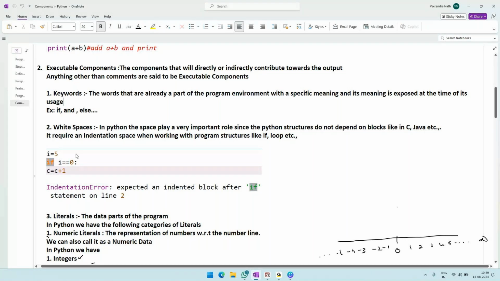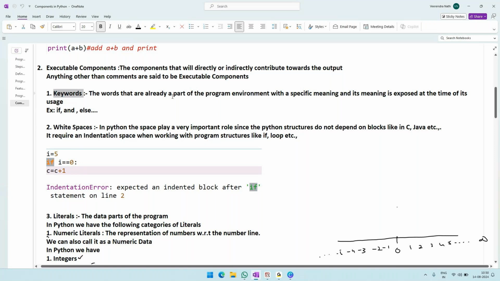Keywords are executable components which are used for a particular purpose.